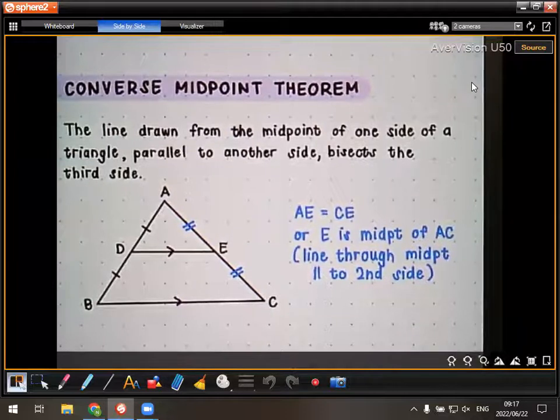And when you're using the midpoint theorem, your reason is just midpoint theorem. When you're using the converse, you have to write line through midpoint parallel to second side.